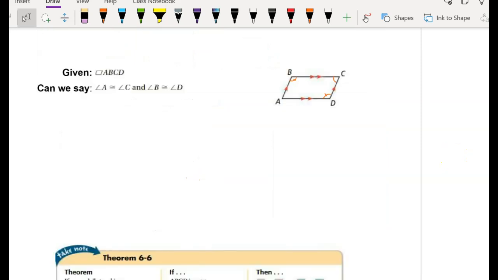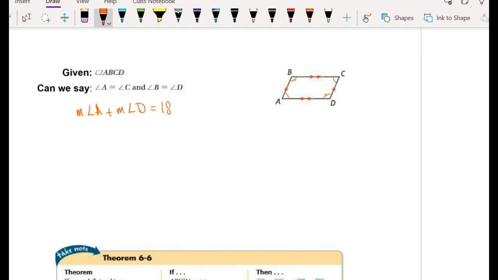Okay, so we want to know if we can say, if ABCD is a parallelogram, that angle A is congruent to angle C and angle B is congruent to angle D. So let's start with what we know. What happens when we add the measure of angle A plus the measure of angle D?